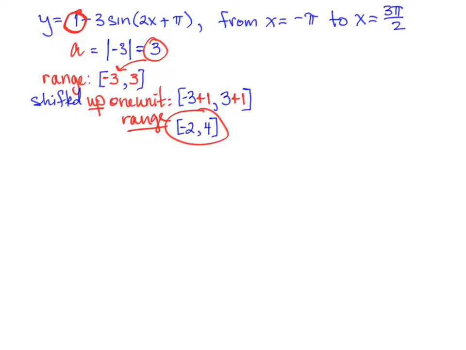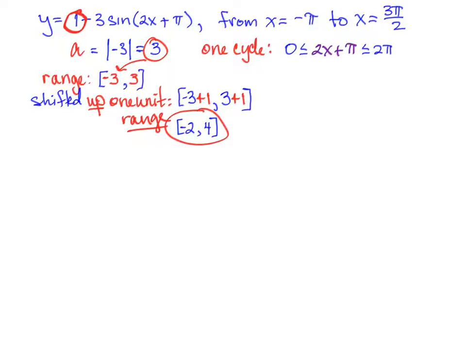All right. Now we need to find the interval for one cycle, the interval that the x values go between. To get the cycle, we're going to start with one cycle of the regular sine graph, and that cycle goes from 0 to 2 pi. So we're going to take our new argument, 2x plus pi, and put it inside that interval from 0 to 2 pi.